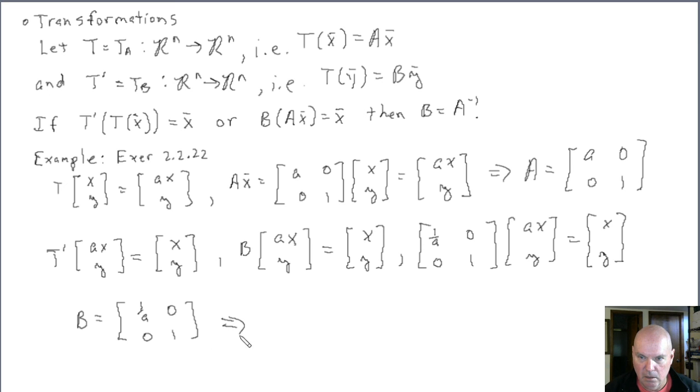Okay. Well, the implication of the theory above is that B is equal to A inverse. And indeed, you can verify that by either left or right multiplying B by A, and you'll see that this is true. So it provides a kind of geometric method for coming up with a matrix inverse.